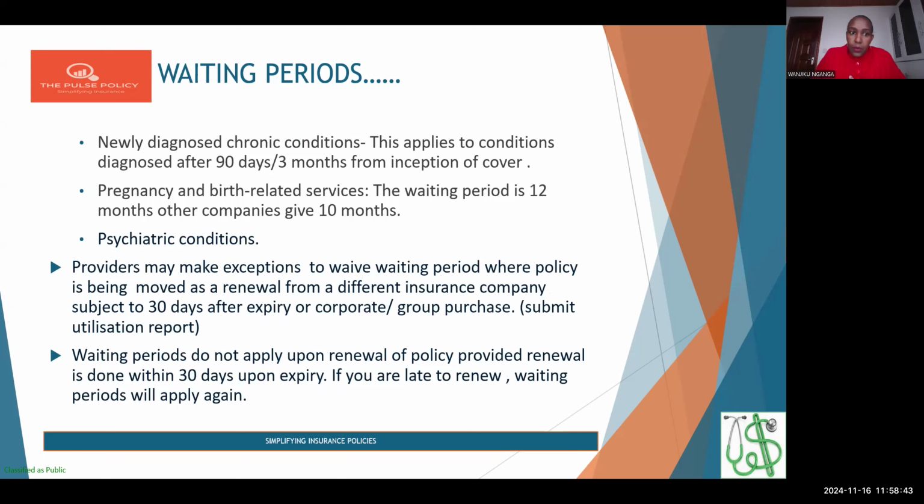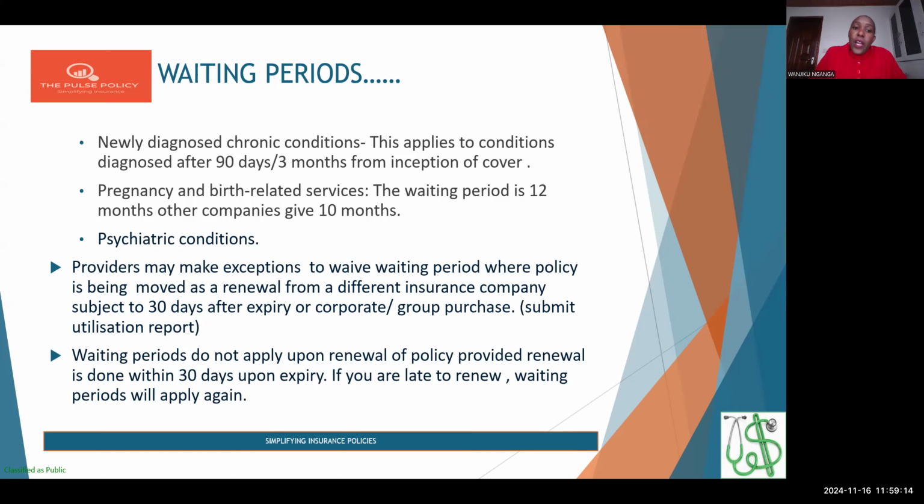Apart from the pre-existing and chronic conditions, we also have something called newly diagnosed chronic conditions. You have purchased medical insurance and you're not aware that you have a chronic condition. You have never been treated for it. It has never been diagnosed. But within the first 90 days, that is the first 3 months of purchasing medical insurance, you discover that you are diagnosed with a chronic condition.